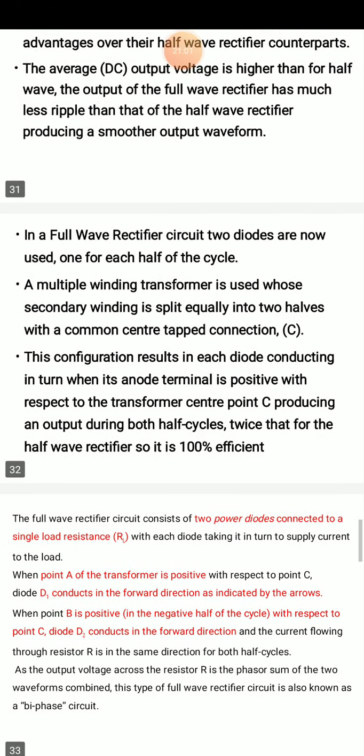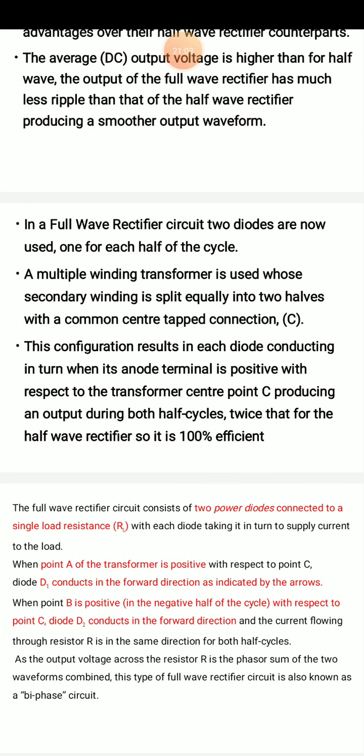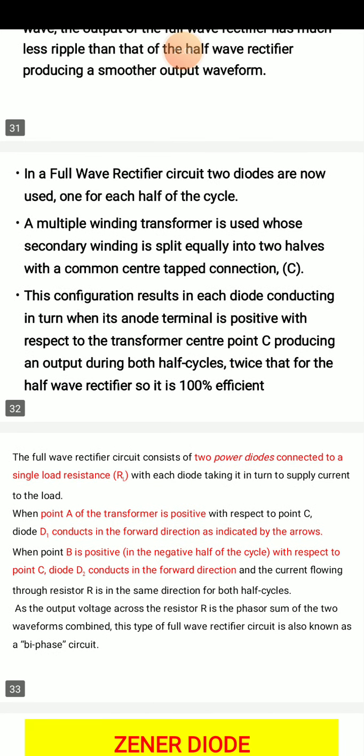In a full-wave rectifier circuit, two diodes are now used, one for each half of the cycle. A multiple winding transformer is used whose secondary is split equally into two halves with a common center tap connection. In the half-wave rectifier we use the step down transformer, whereas in the full-wave rectifier we use the center tap transformer.